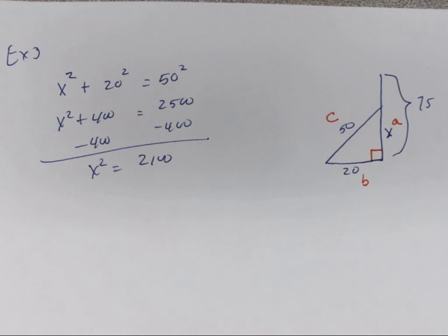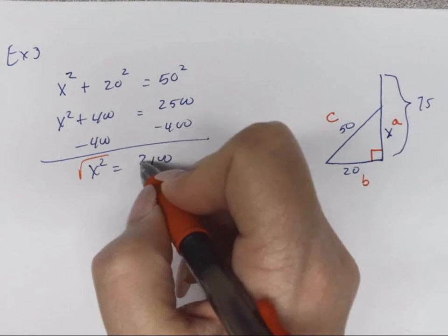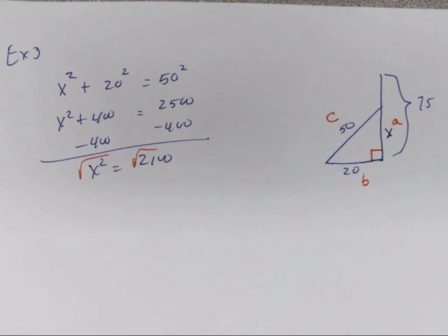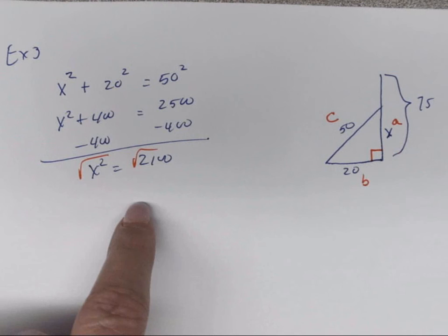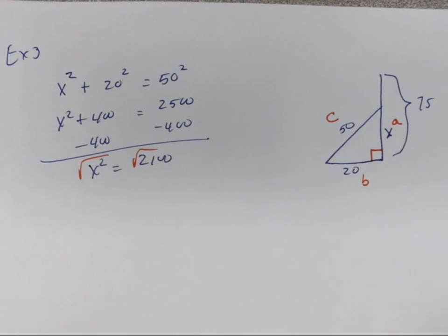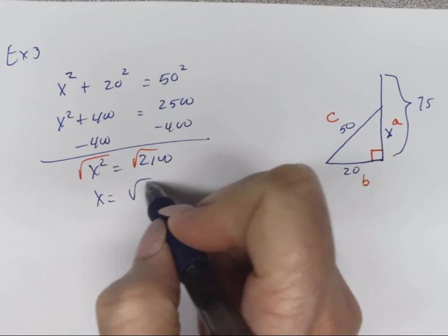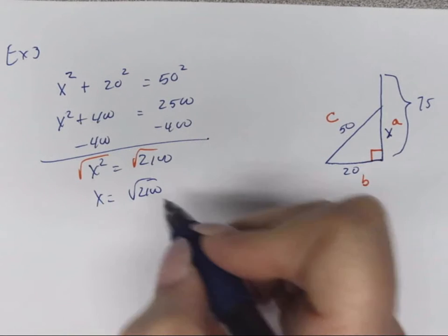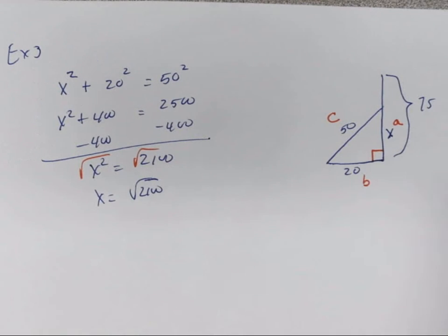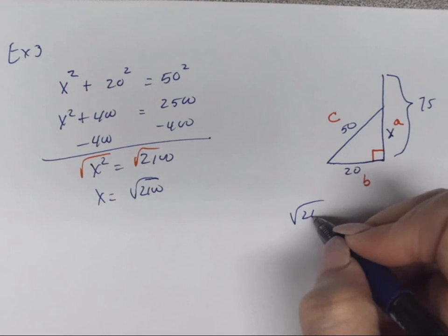Well, in order to solve for x, we're going to take the square root of both sides. Now, again, this is a distance, so it's not going to be negative. So we end up with x is equal to the square root of 2,100. So I'm going to pull the square root of 2,100 over here.